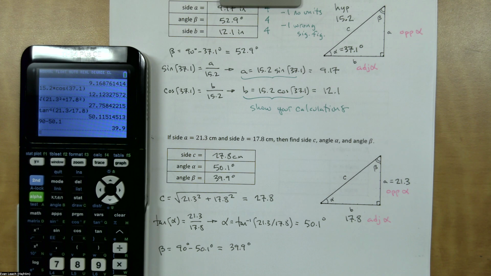Any questions? So as a quick note here, I chose to use tangent because opposite and adjacent are both given and hypotenuse has been rounded off. So it's not as good of a number as the others.